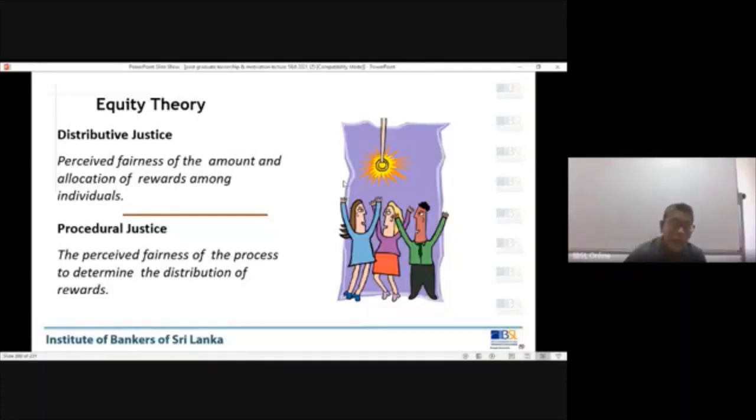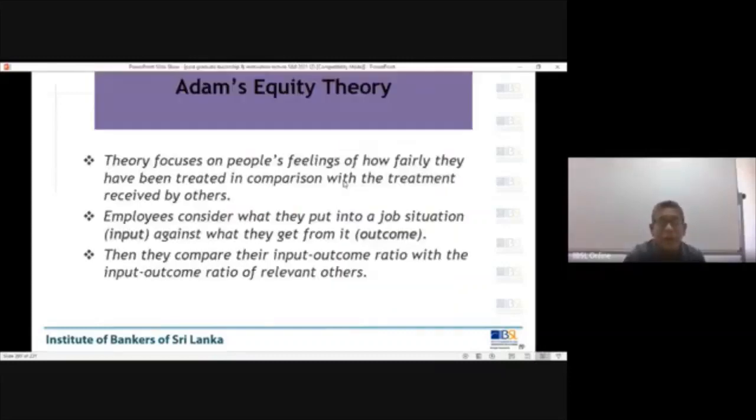That is why today we are talking about the performance based remuneration system. The theory focuses on people's feeling of how fairly they have been treated in comparison with the treatment received by others.